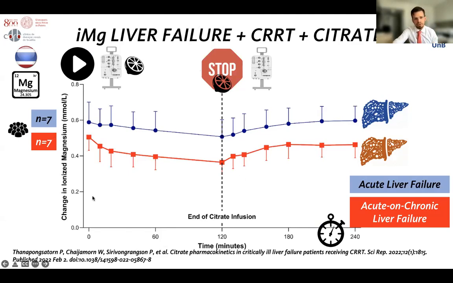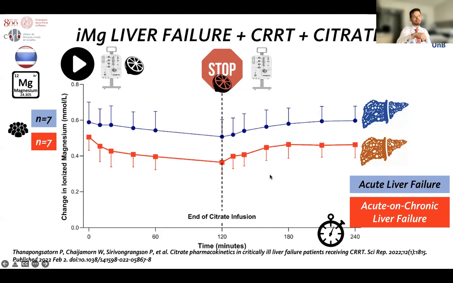The therapy ran with citrate for 2 hours, and then the infusion was stopped and the patient continued CRT, but no longer with citrate regional anticoagulation. We can see that in 60 minutes to 2 hours, there was a return to the baseline concentration of ionized magnesium.